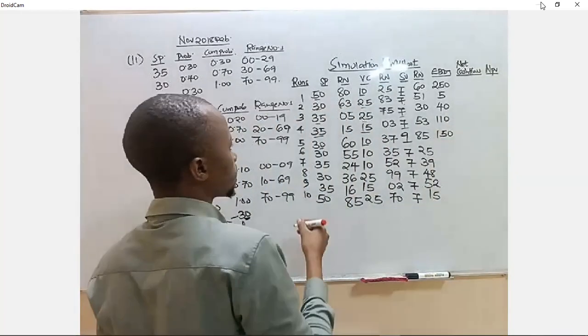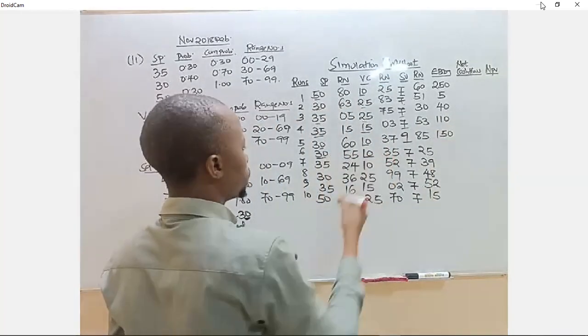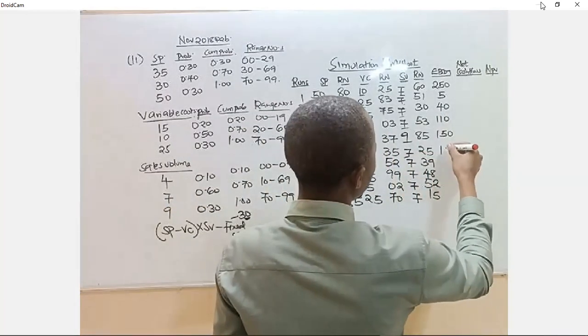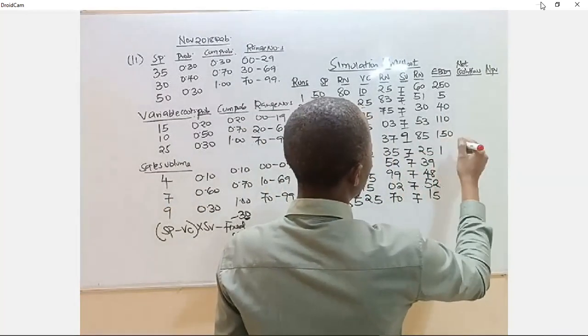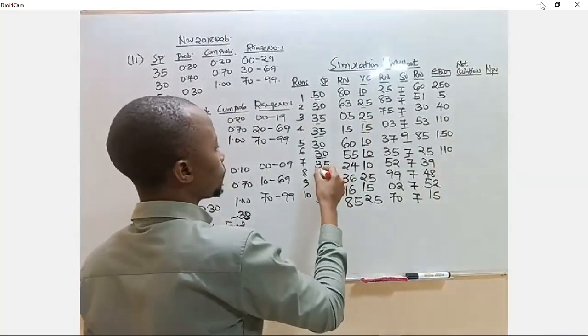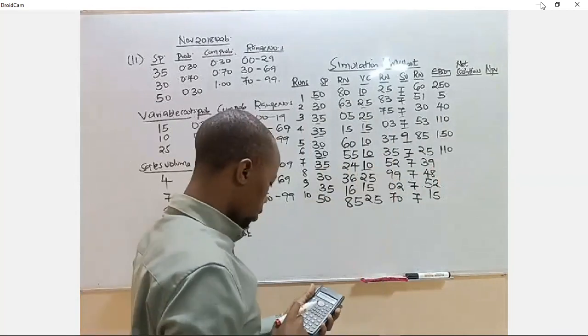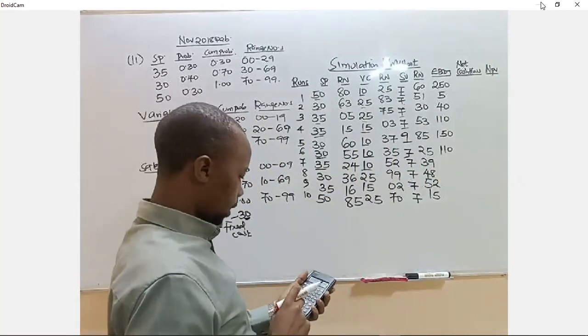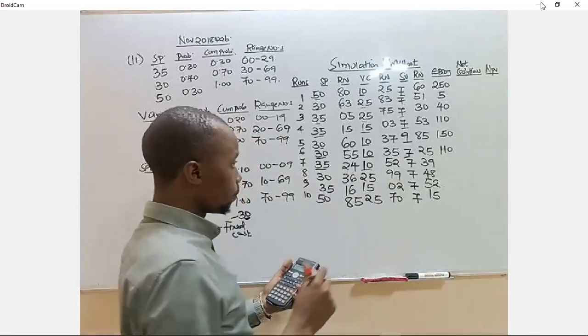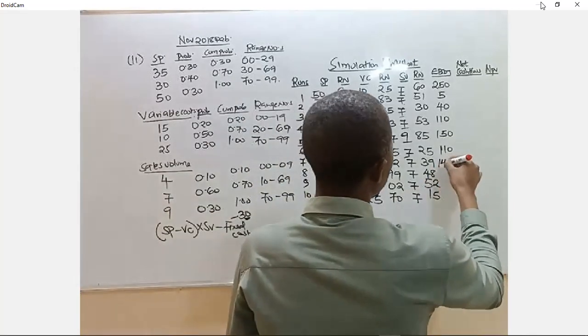Next, 30 minus 10, which is 20, 140, right? Sorry, it should be 110. Next, 35 minus 10, it is 25, right? Times 7, minus 30, getting 145.